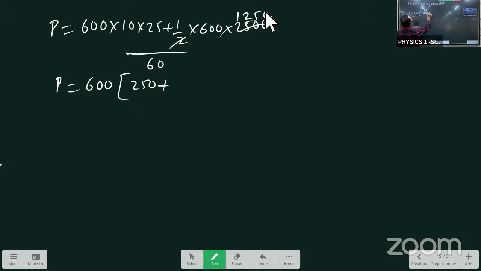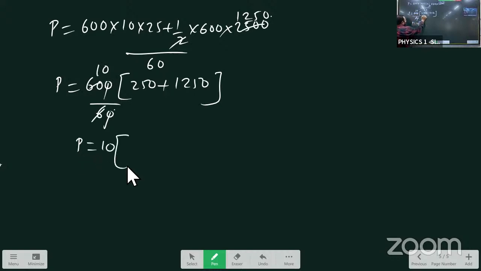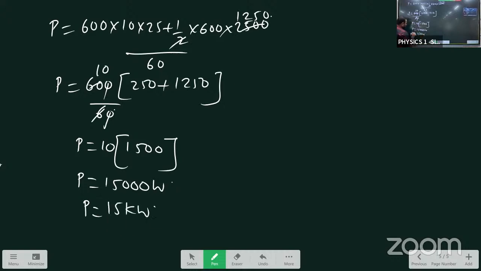So 250 plus 1250, and 600 common divided by 60; the tens cancel. 250 plus 1250 is 1500. 1500 into 10 is 15,000 watts. We write this as 15 kilowatts. So the power of the motor is 15 kilowatts.